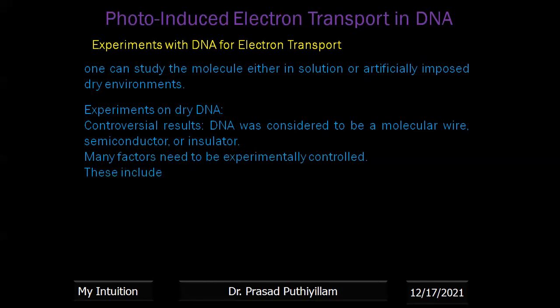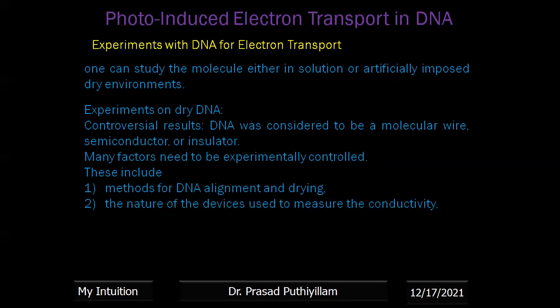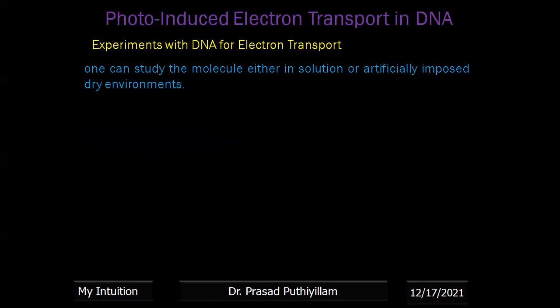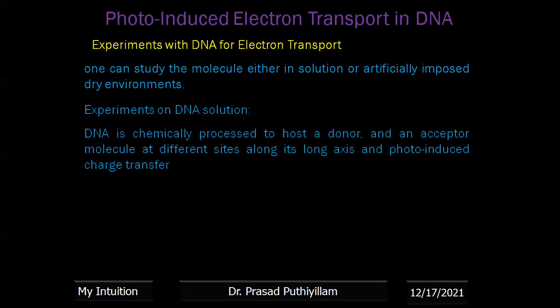This includes methods for DNA alignment and drying, the nature of devices used to measure the conductivity, the type of metallic contacts used, as well as the sequence and length of the DNA which is used. In solution state, it is comparatively easy to do the experiment.